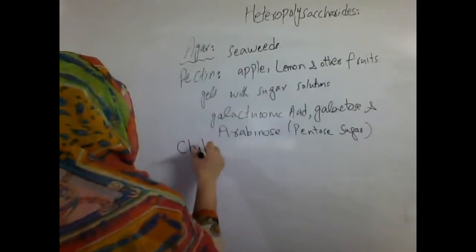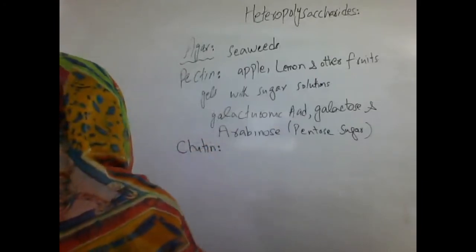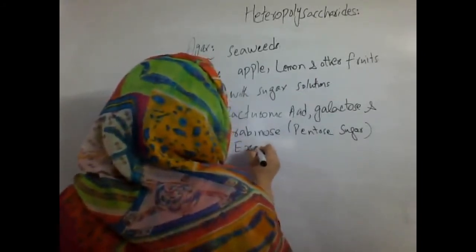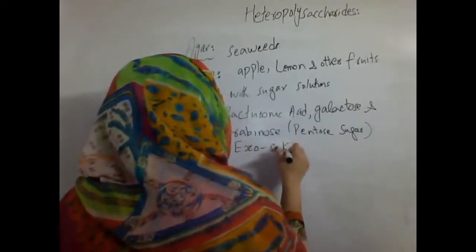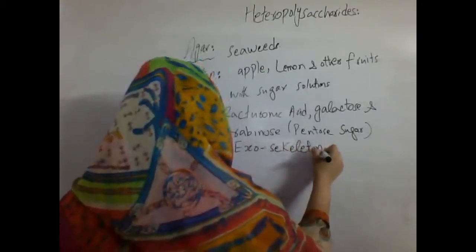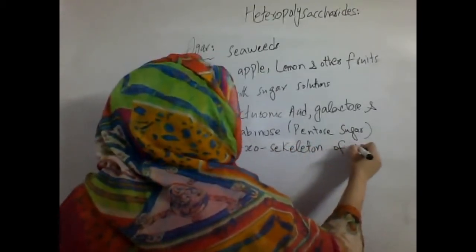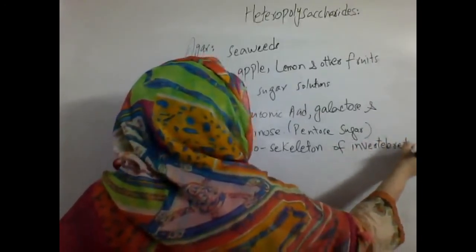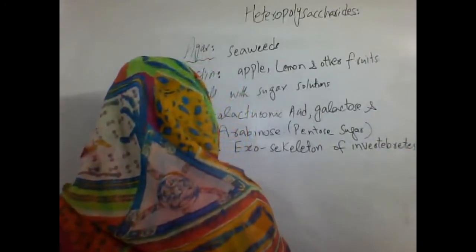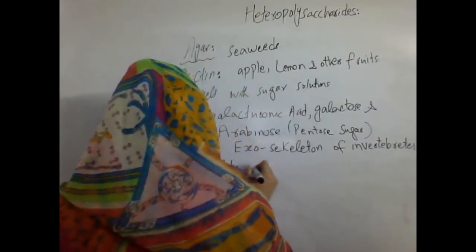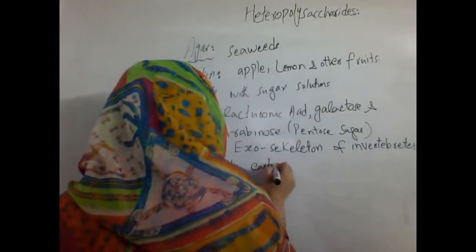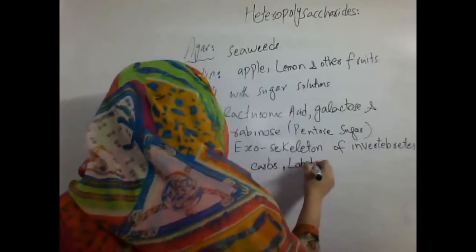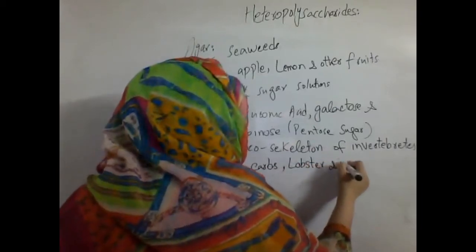Next one is chitin. This is present in the exoskeleton of invertebrates like crabs, lobster, and insects.